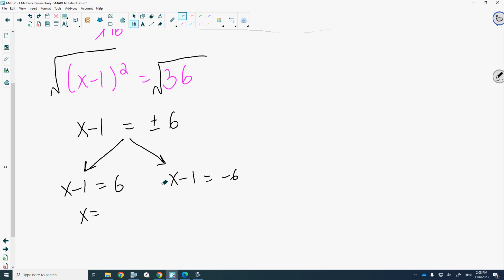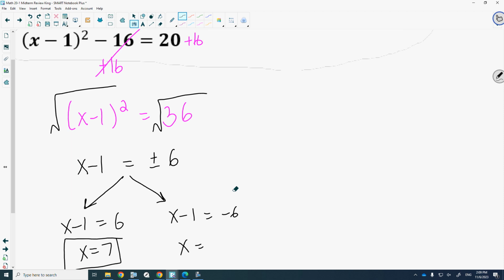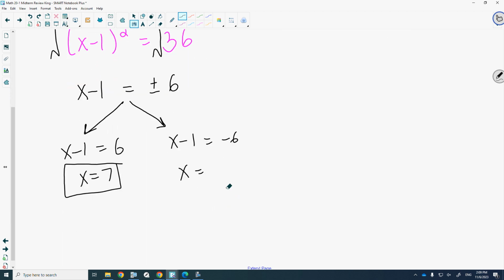So one of my answers is x is equal to 7. And one of my answers, if I add 1 to both sides over here, I get x is equal to -5.